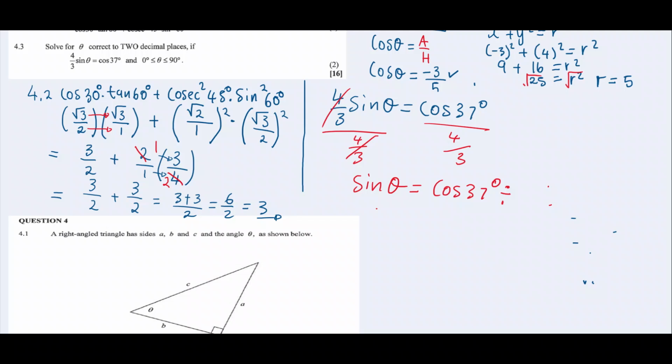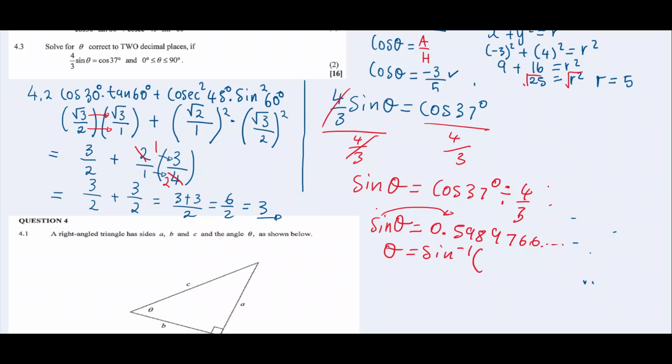So if you say this side is cos 37, cos 37 divided by 4 over 3 will give you 0.5989766, right?